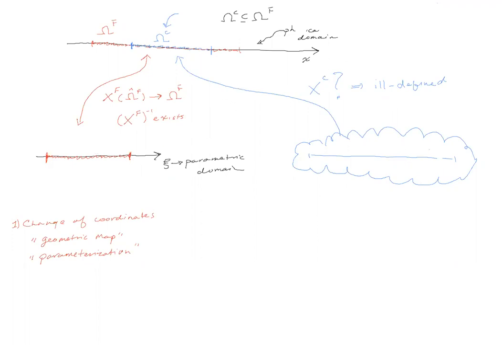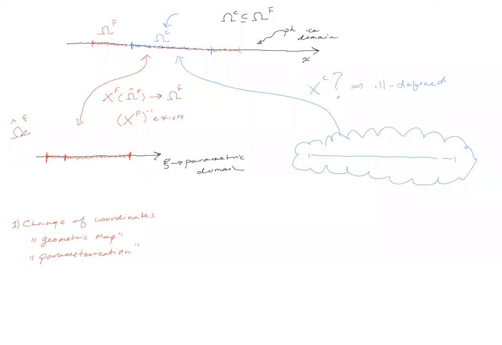So let me draw some basis functions. So we have omega hat f. So what do? Well, the first thing we do to create our basis functions is we create some elements.